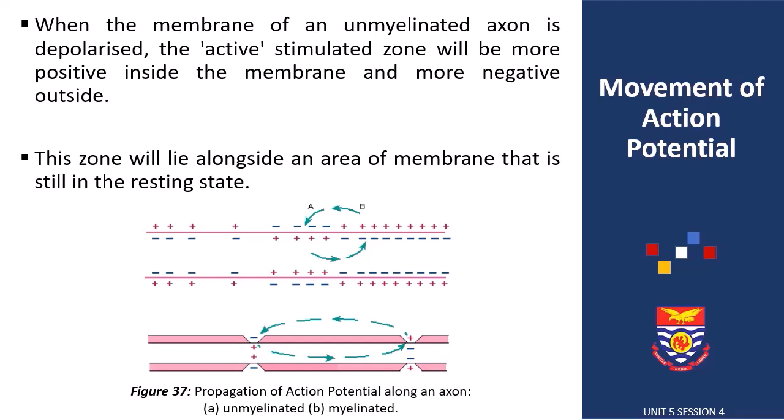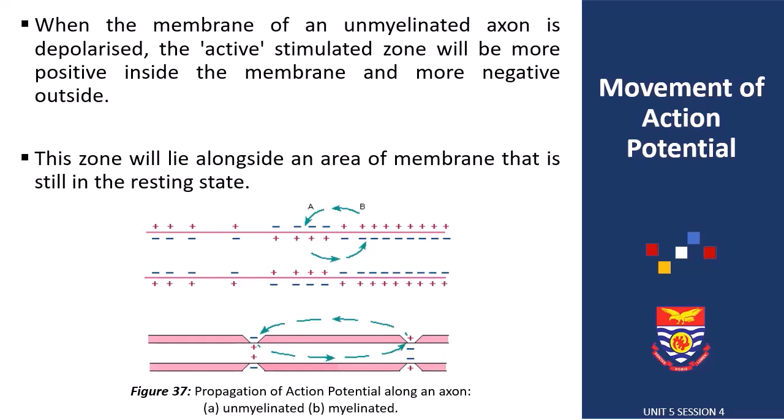So this particular excited zone or activated zone will lie alongside an area of membrane that is also still in the resting stage. So the distribution of charges in this particular state results in a small current that will flow between these areas, that is the depolarized and the resting area.